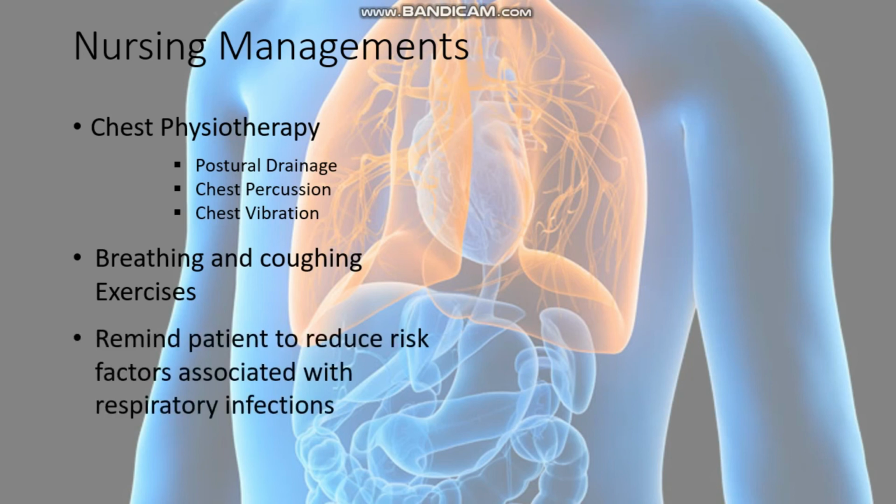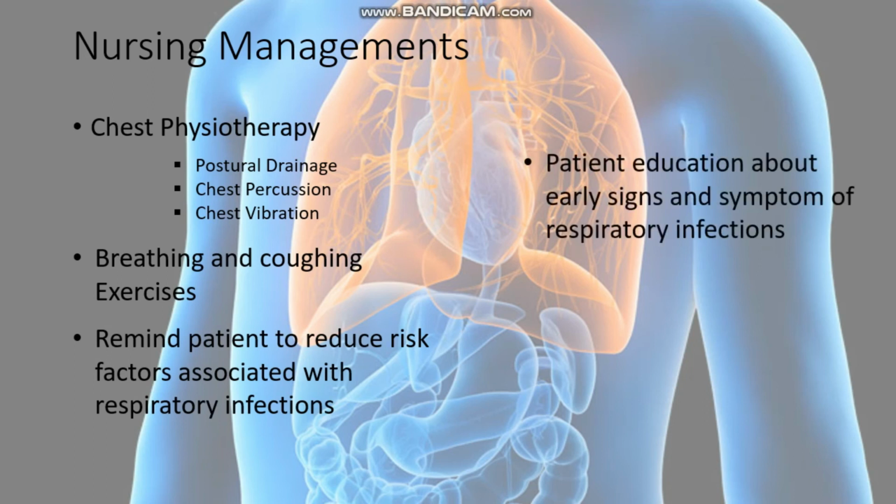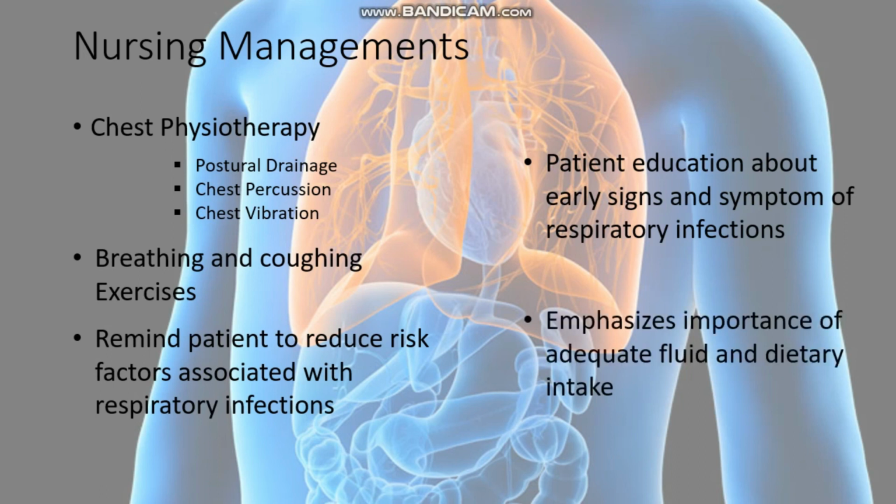Remind the patient to reduce risk factors associated with respiratory infections. Provide patient education about early signs and symptoms of respiratory infections, emphasizing the importance of adequate fluid and dietary intake.